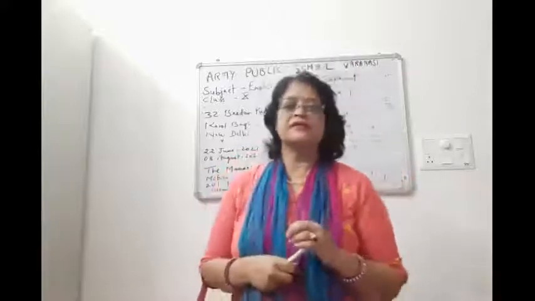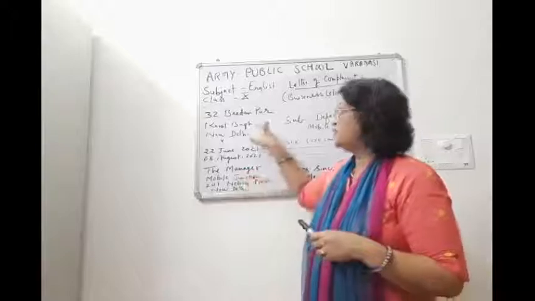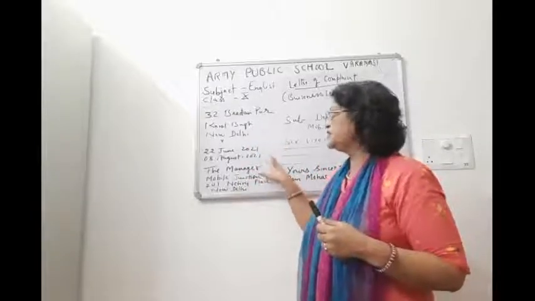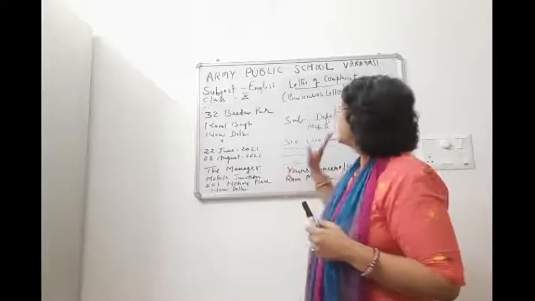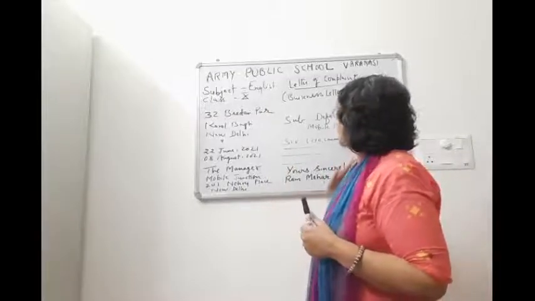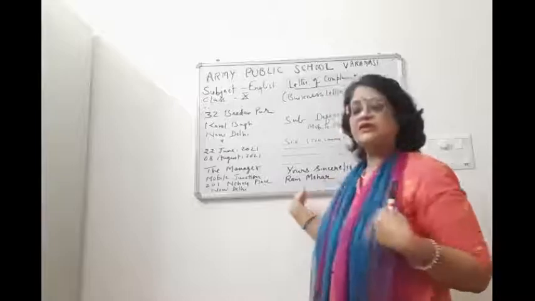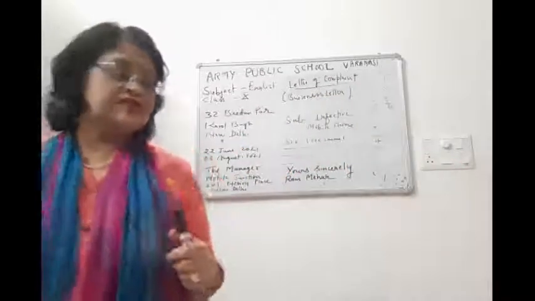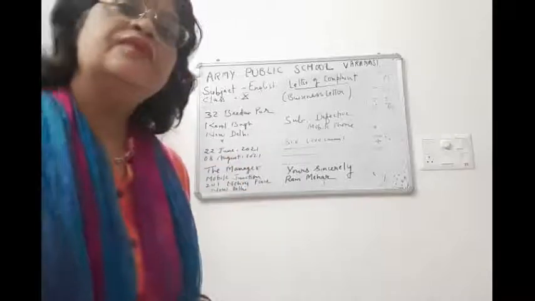With this, you can see the name of the sender is written here, then date, then receiver's address, then defective mobile phone, and then you see how I have written the subscription. And children, you can see the name which I have written.